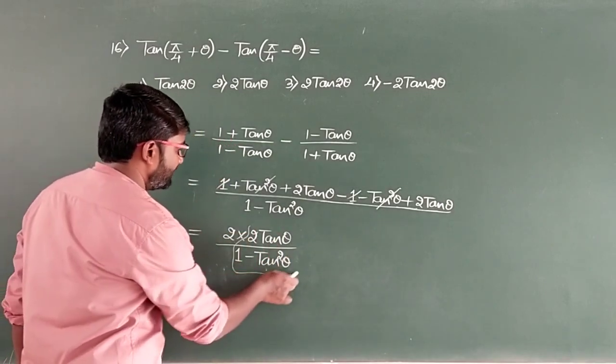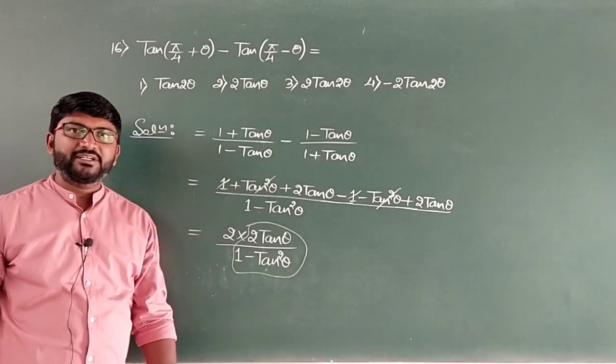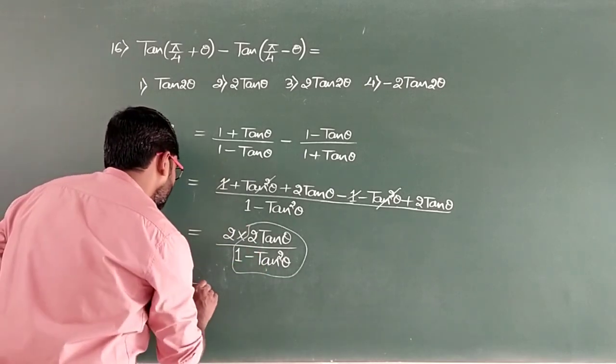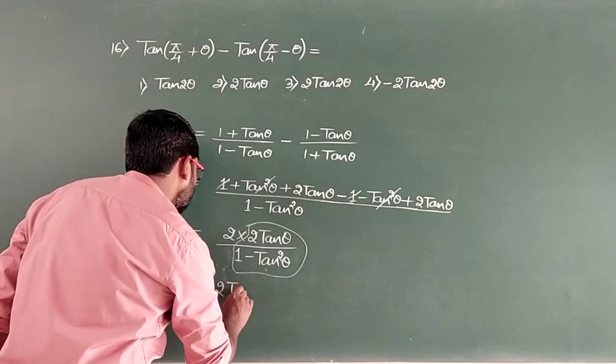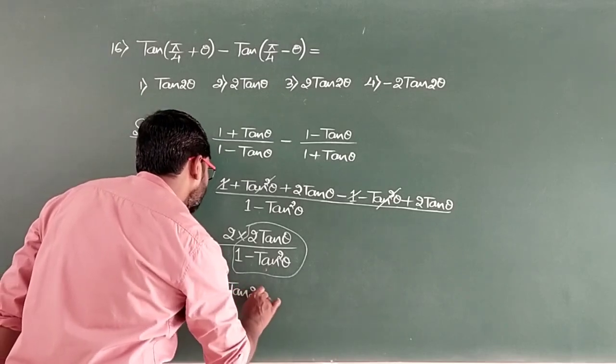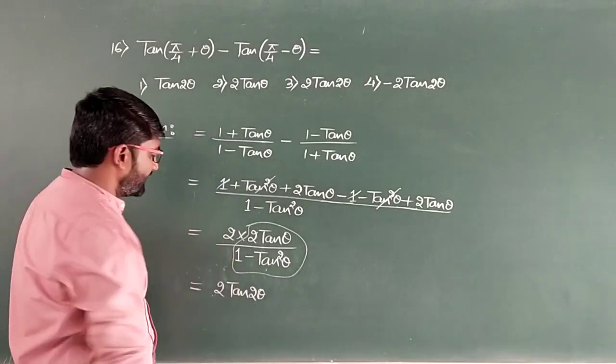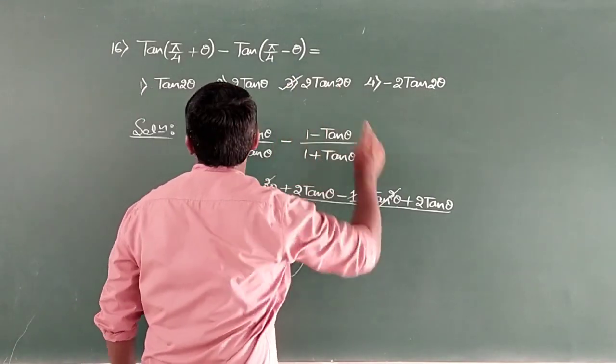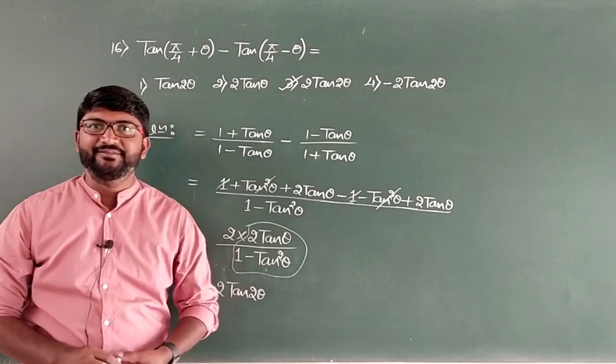So what is this now? 2 tan theta divided by 1 minus tan square theta is nothing but tan 2 theta. It is a double angle formula. So overall we have 2 times tan 2 theta. So check the given options now. Option 3 is the correct answer. This is all about question number 16.